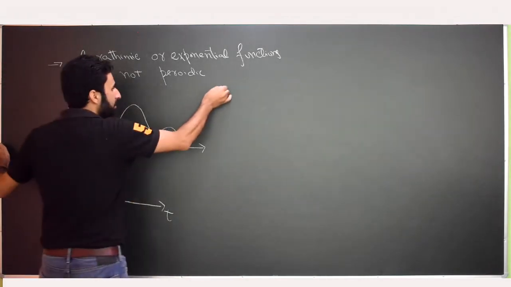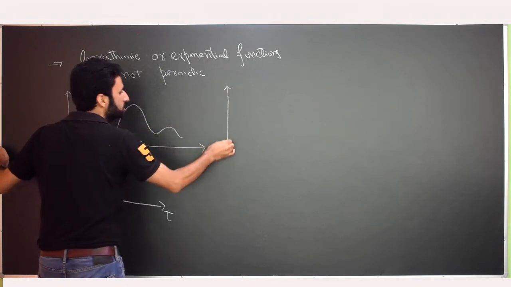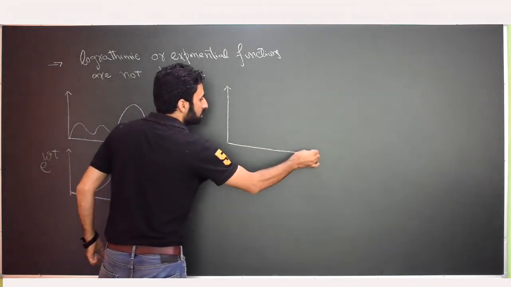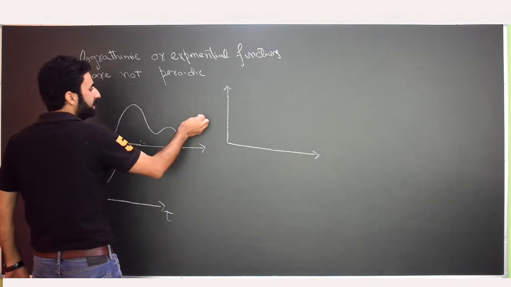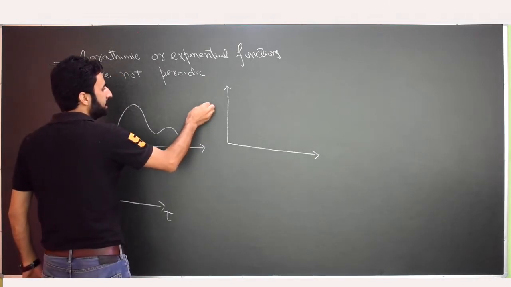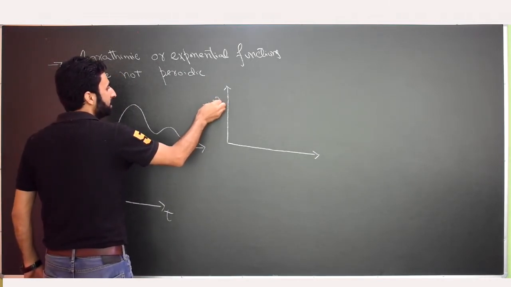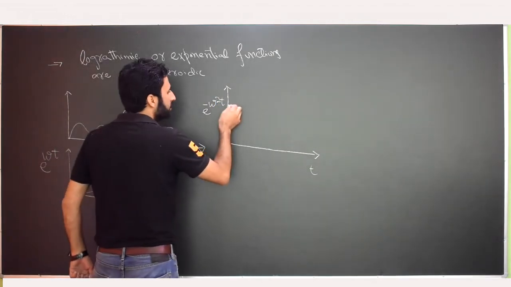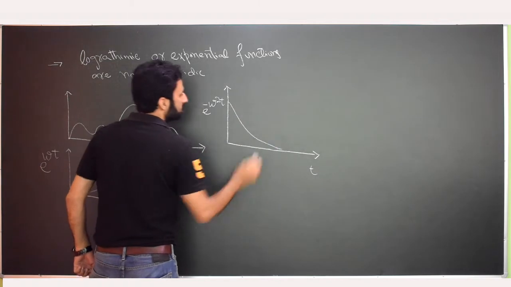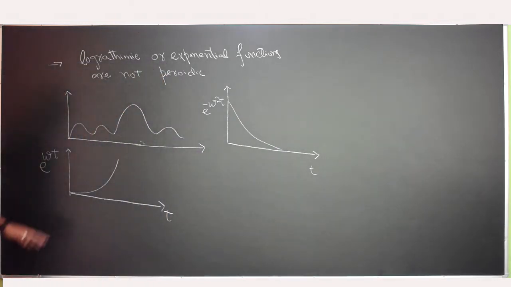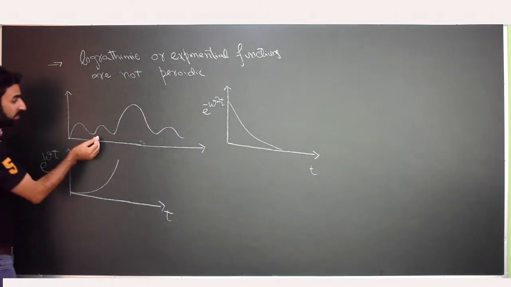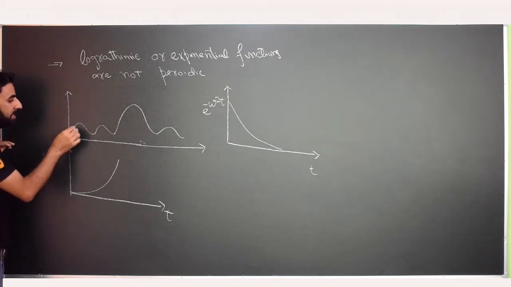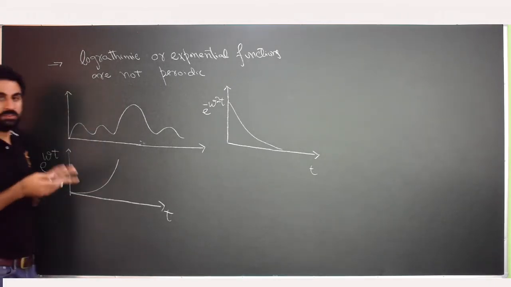As another example of this non-periodic function, suppose this axis is e raised to the power of minus omega square t, and this we write as t. This may be this way. Now see, this function is not periodic.